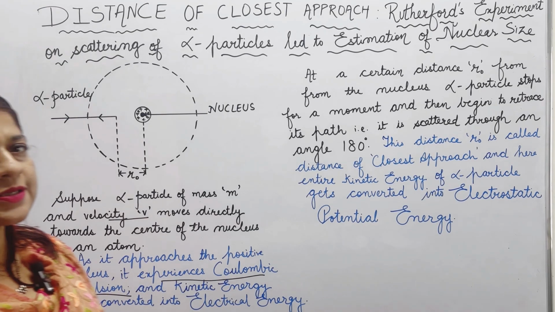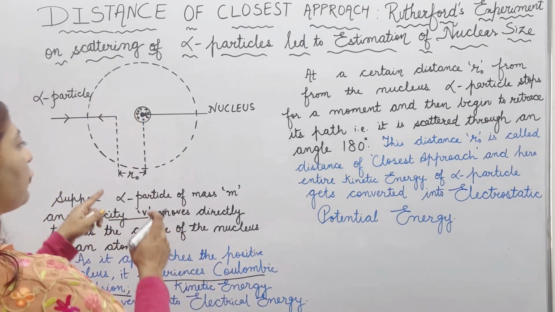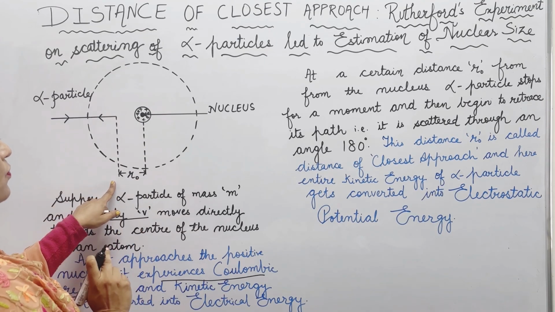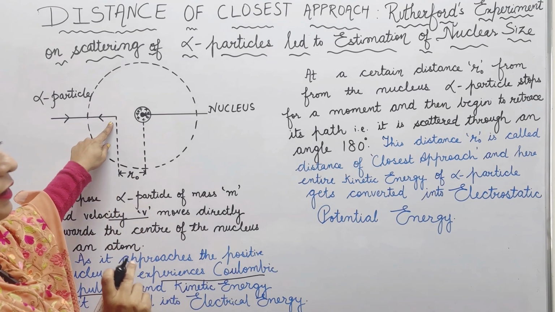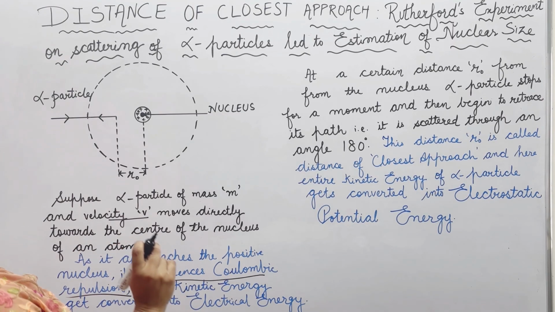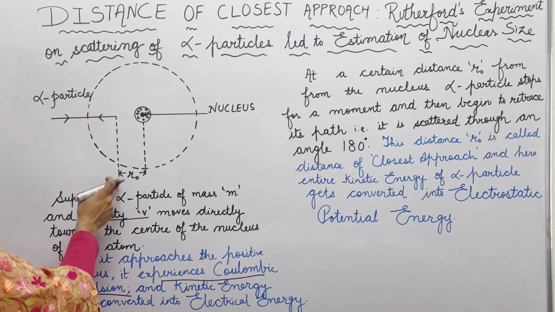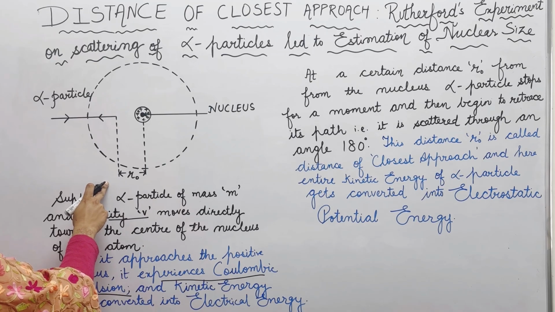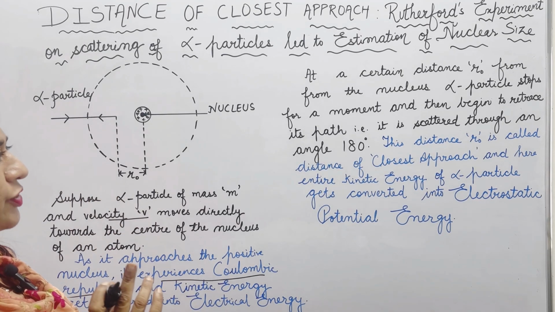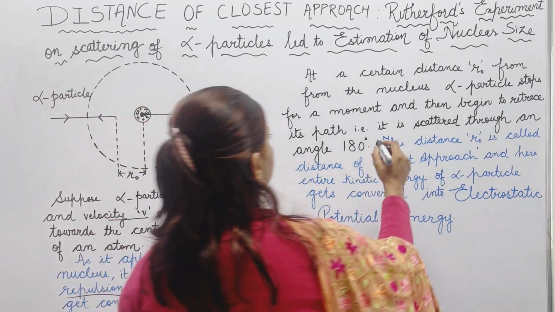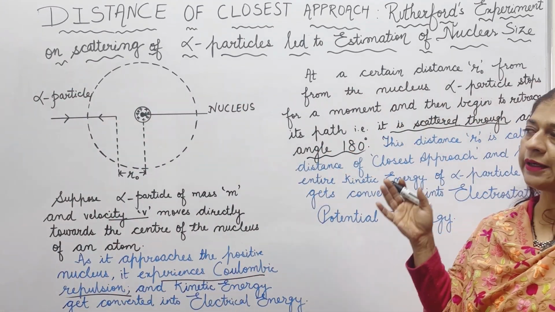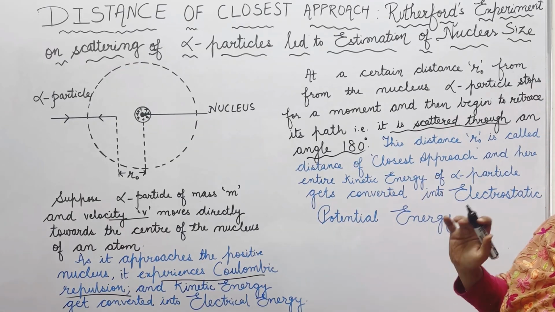At some distance, say r naught, from the center of the nucleus, there is a moment when the alpha particle will stop for a moment, and at that point the kinetic energy will totally change into electrical energy. Here the scattering is through 180 degrees, and the alpha particle retraces its path.